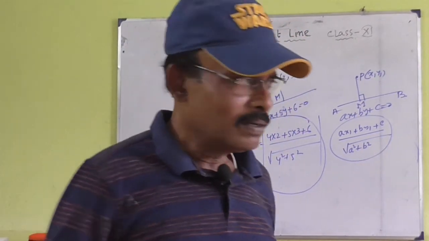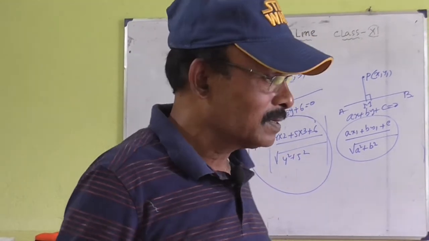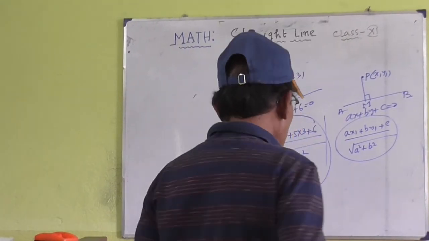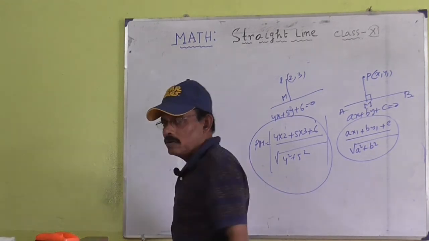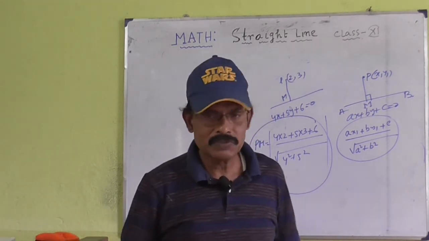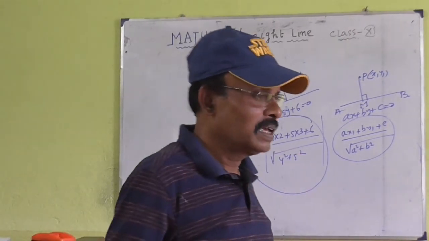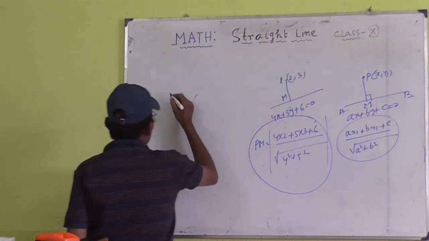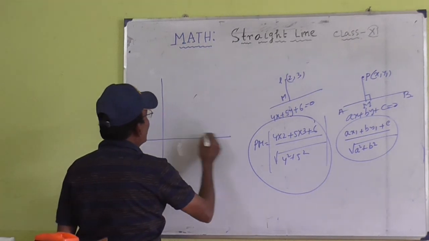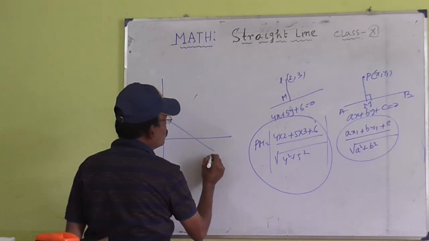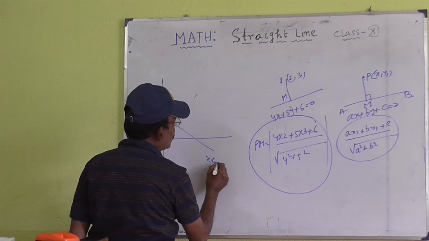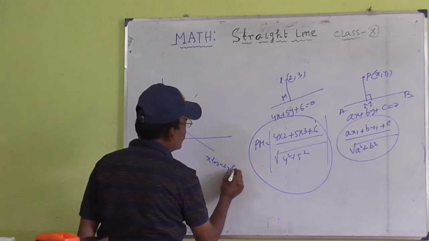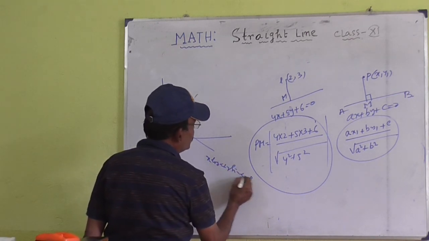The next day I will discuss this formula, but today I will give some hints about it. Here, any line can be chosen as x cos alpha plus y sin alpha equal to p.